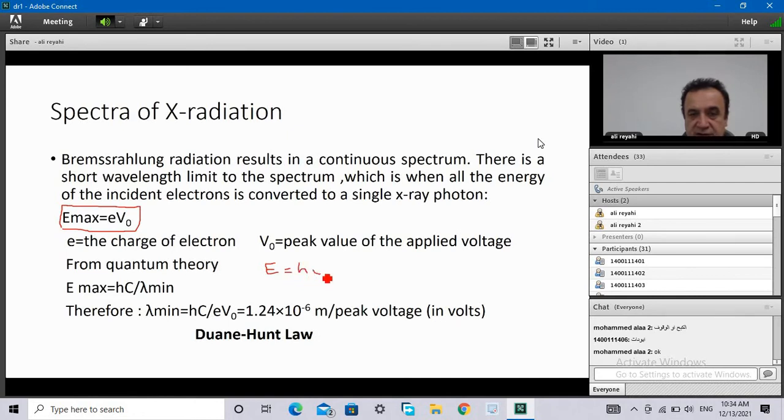h nu. What is h? It is the Max Planck constant. What is nu? It is frequency.